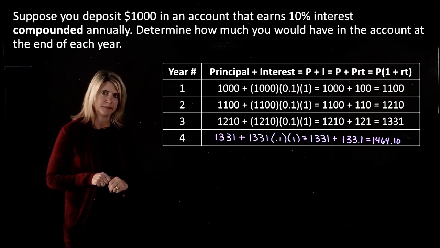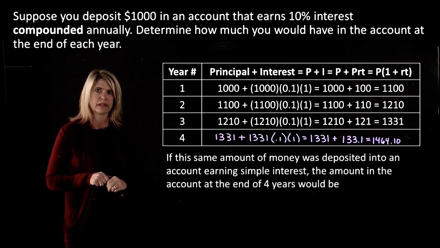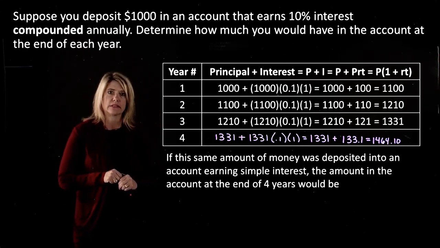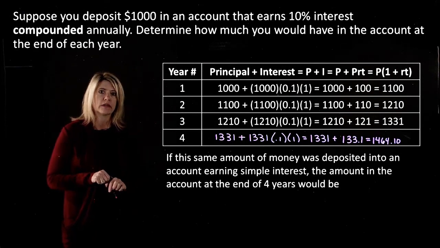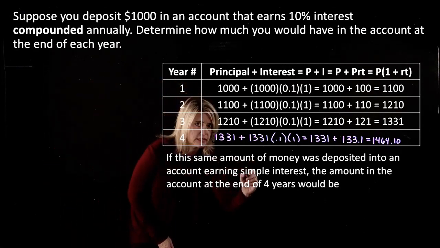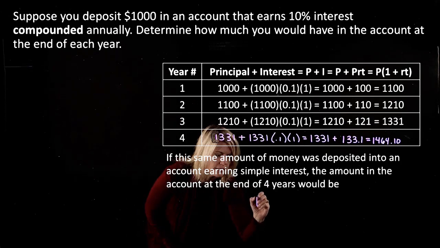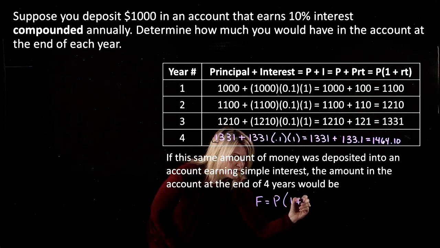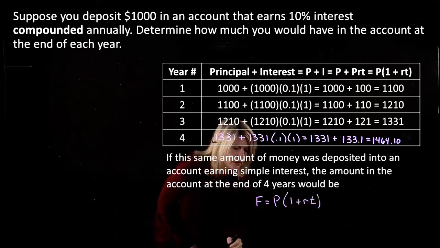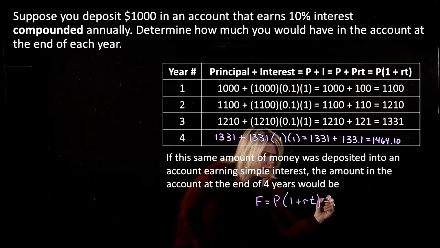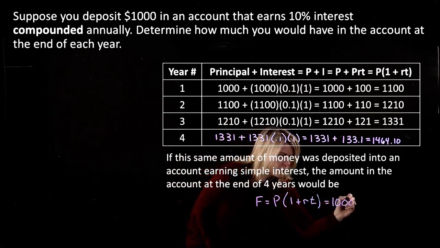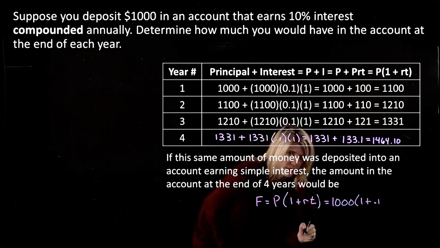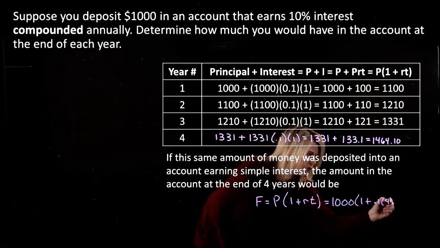Let's look at it here. If the same amount of money was deposited in an account earning simple interest, the amount at the end of 4 years would be, remember, the simple interest formula: F is equal to P times 1 plus RT. So the future value when I put in $1,000 would be 1 plus the 0.1, my 10% interest rate, for 4 years.